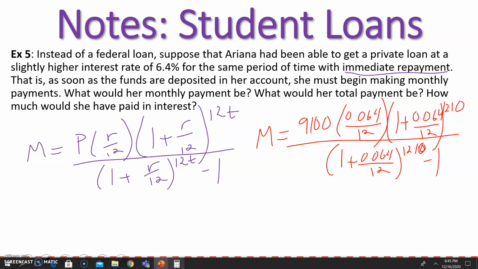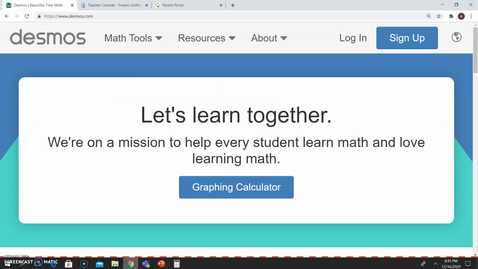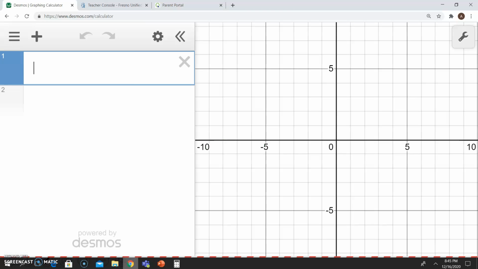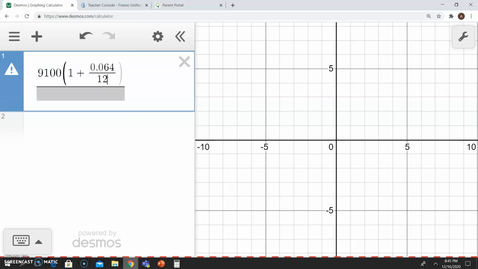Let's use Desmos. We had our 9,100, 1 plus 0.064 over 12 to the power of 12 times 10 years. I think I am missing one part.